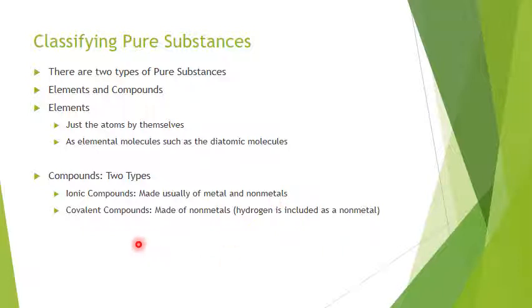Another type of compound is called covalent, and it will be made only out of nonmetals or hydrogens, so only from the right-hand side of the table.